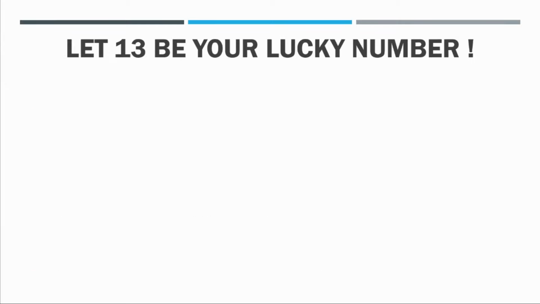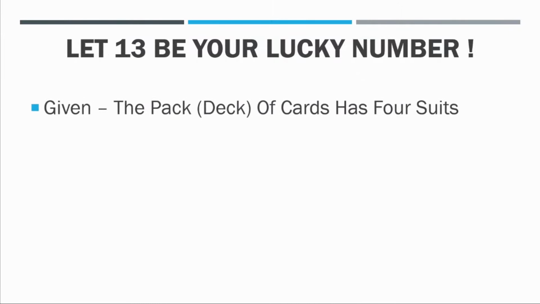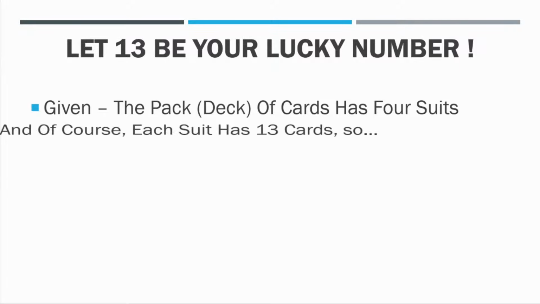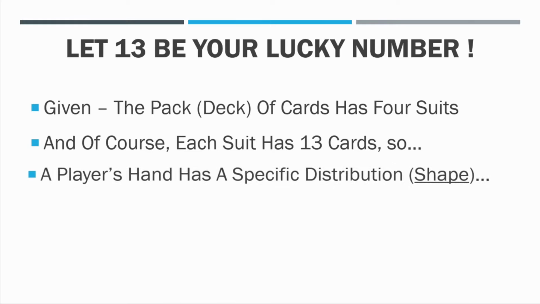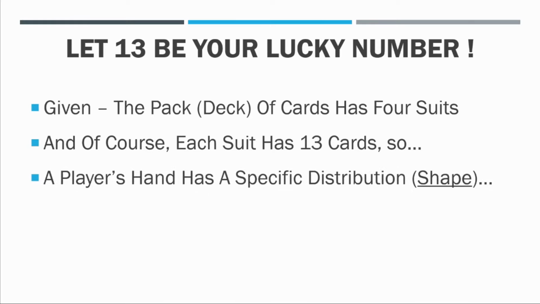So, okay, there are 13 cards in a suit, 13 cards in your hand, and that's a big part of counting. Given that a pack has 4 suits, and of course each suit has 13 cards, a player's hand has a specific distribution or shape. What does that mean?